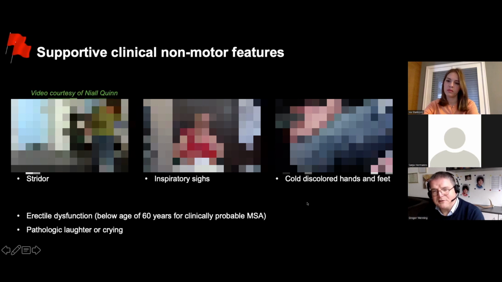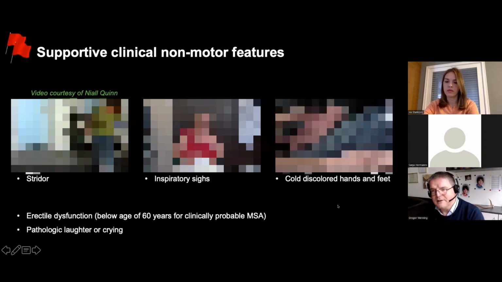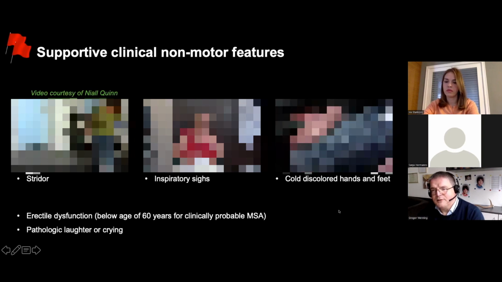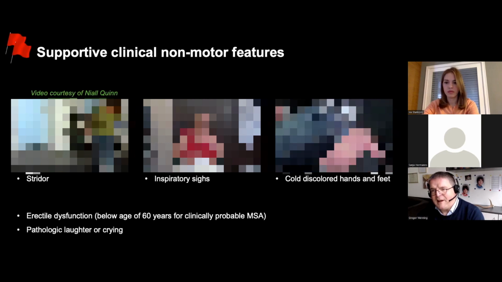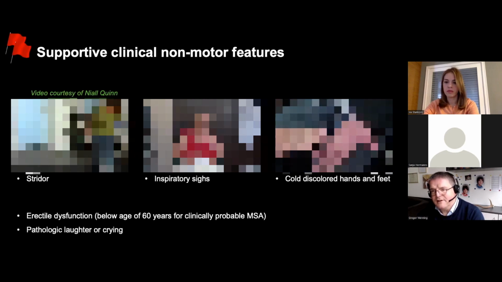Now, just very briefly, a deep sigh, basically, and then cold discolored hands and feet due to sympathetic denervation of the vasculature, and further signs or symptoms: erectile dysfunction below age of 60, and pathologic laughter or crying.